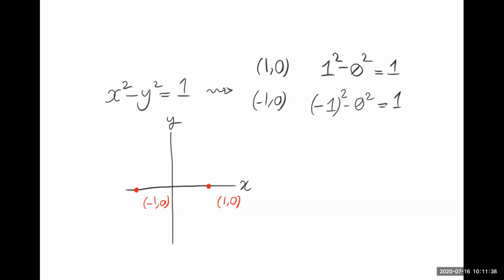Can we find any other point here? For example, if x is 2, what would be the value of y? It would be actually square root of 3. Yes, that is correct. So 2 squared minus the square root of 3 squared would be 4 minus 3, which is 1. (2, square root of 3) is somewhere around here.